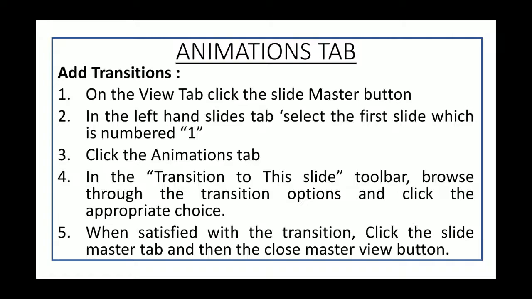Next, when satisfied with the transition, click the slide master tab and then the close master view button. After setting all the transitions, you have to click the close master view button.